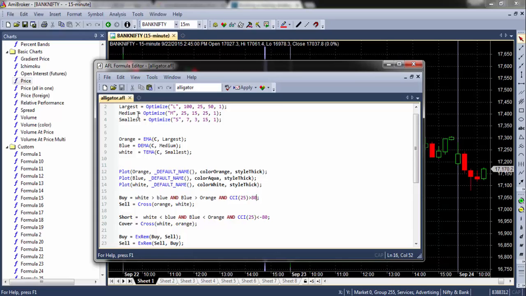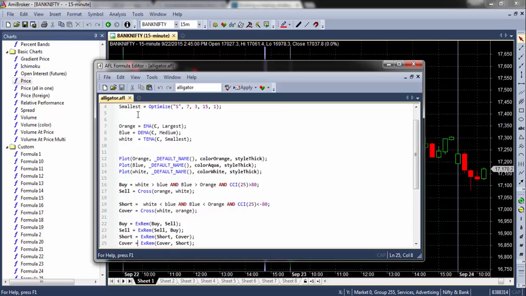Commodity channel index is another indicator that shows overbought and oversold positions. So we are going to be using that to identify whether the market is trending, and then enter into the trades. And the position is exited, or rather closed, when the white crosses the orange from above.